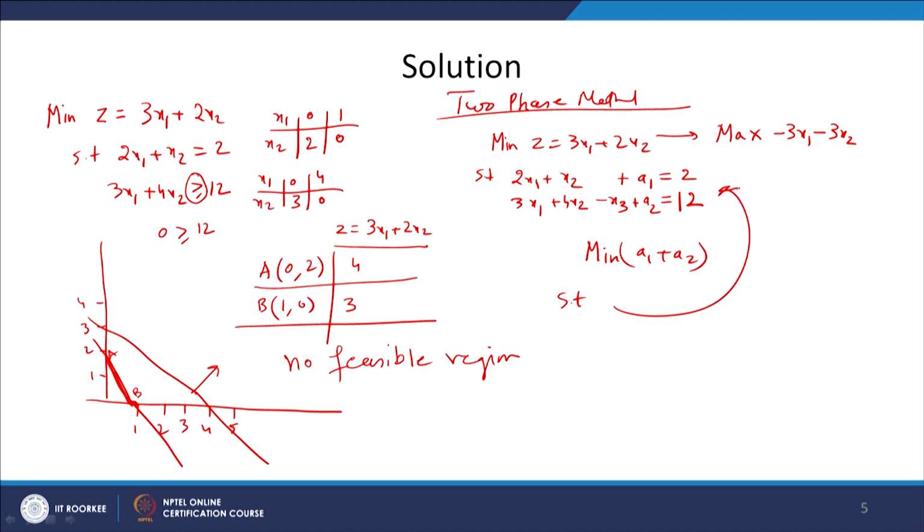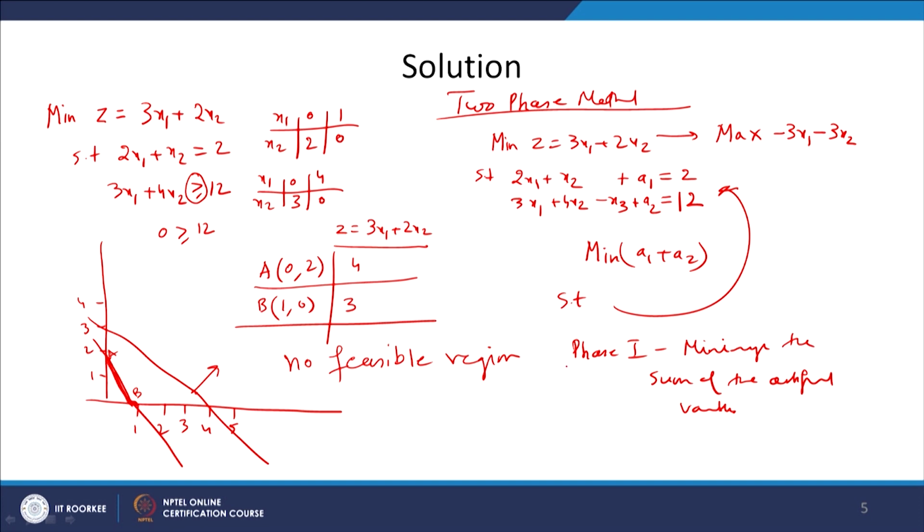right. Remember, in the two-phase method, the first phase, phase 1, is nothing but minimize the sum of the artificial variables, and here we have A1 as an artificial variable in the first constraint. Similarly, A2 is an artificial variable in the second constraint.